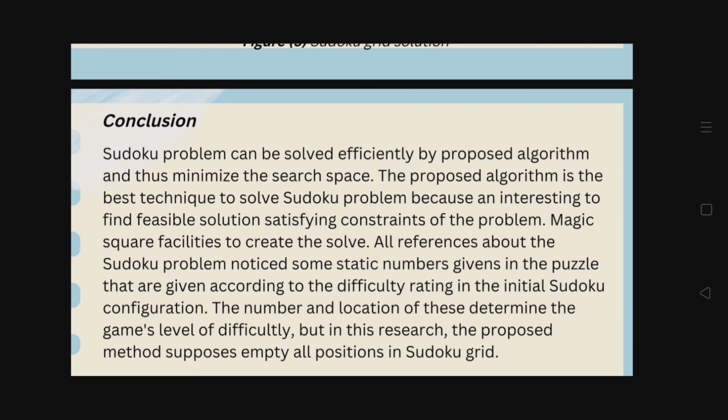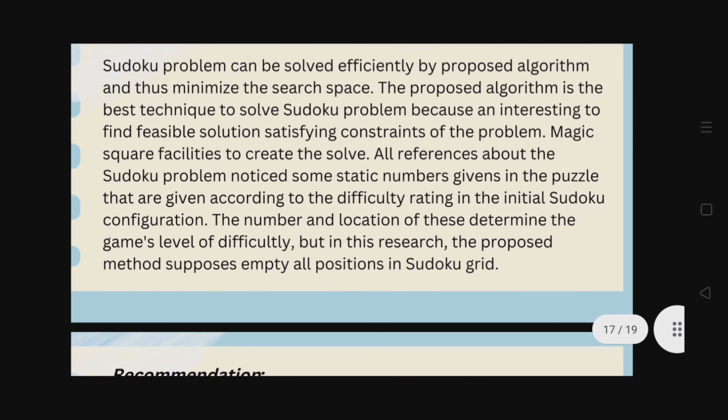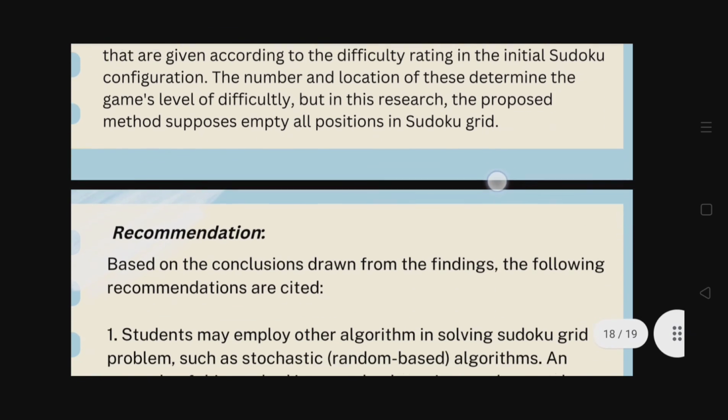So magic square facilitates to create the solution. In all references about the Sudoku problem, notice some static numbers are given according to the difficulty rating in the initial Sudoku configuration. The number and location of these determine the game's level of difficulty, but in this research, the proposed method supposes empty all positions in the Sudoku grid.